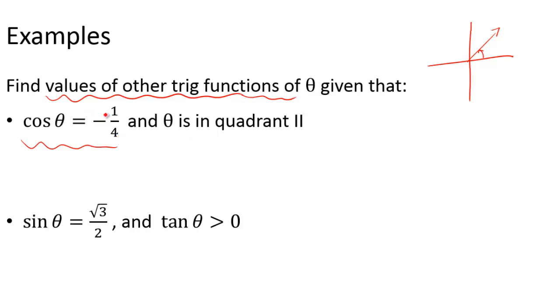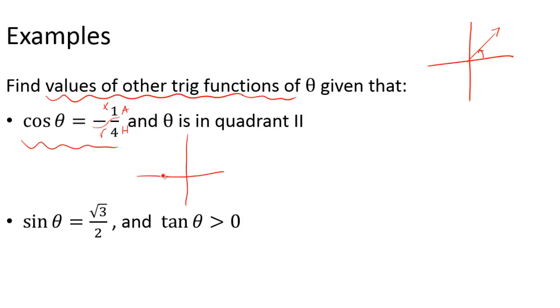What does this mean? We know cosine is adjacent over hypotenuse. So you could, for example, think of this as adjacent being -1 and your radius, hypotenuse, being 4. So that would imply that your adjacent, which is the x value, because cos is x over r, you can think that way as well.